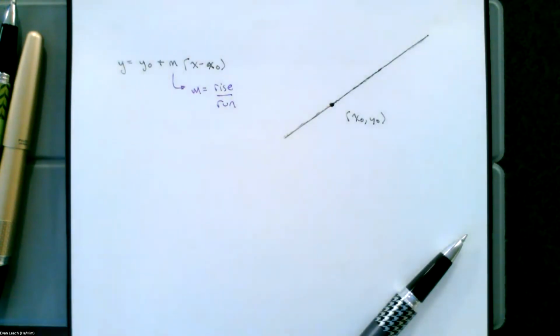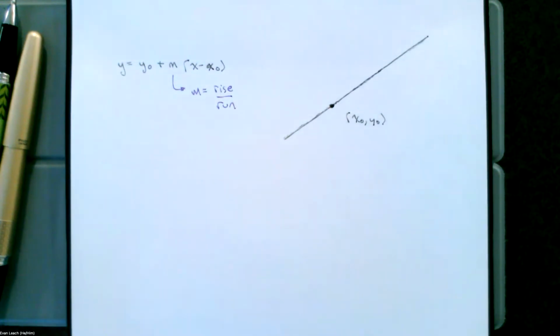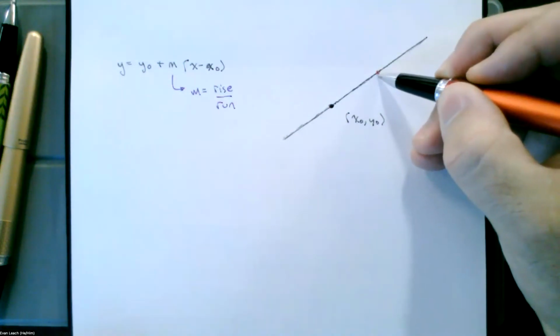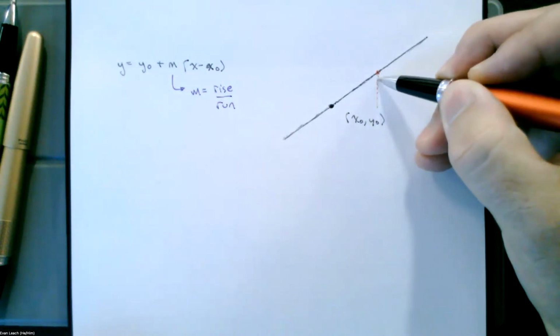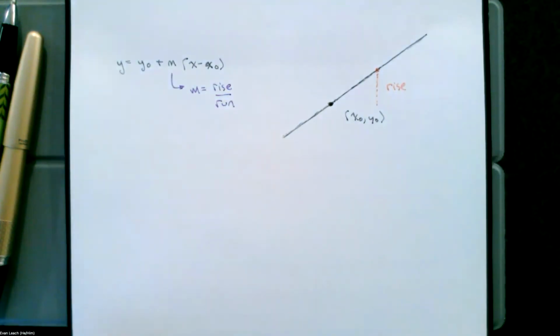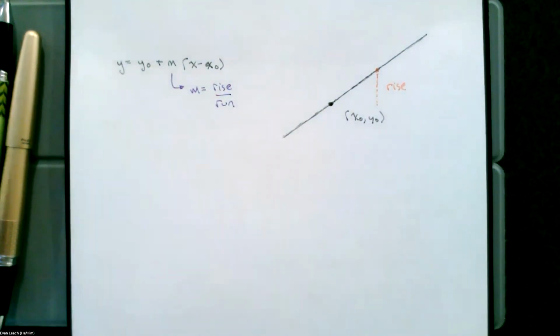So the slope is rise over run. That's the vertical change between two points divided by the horizontal change between two points.